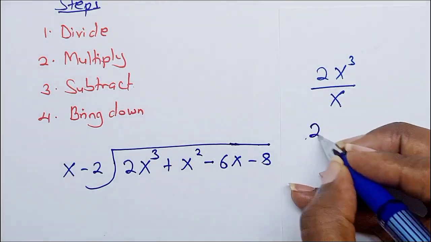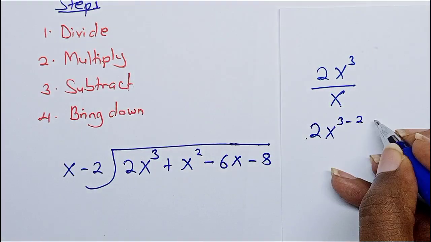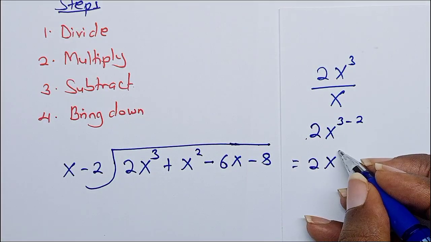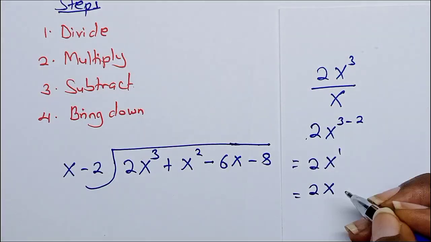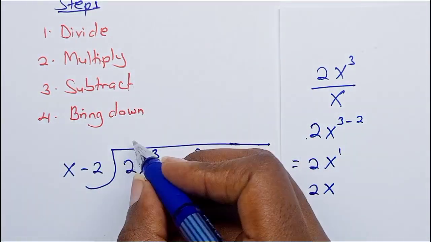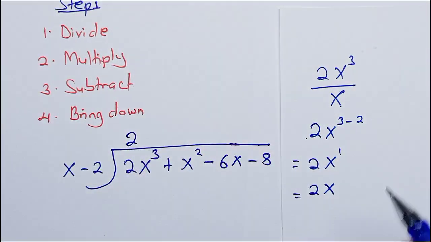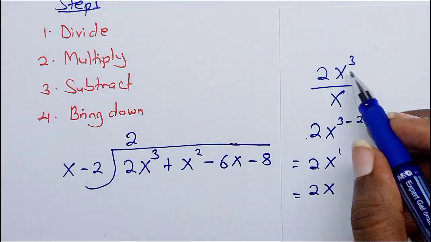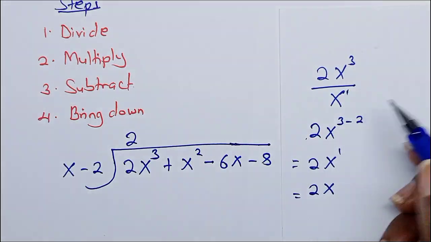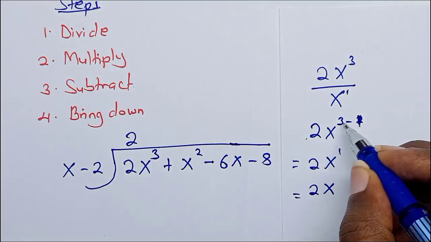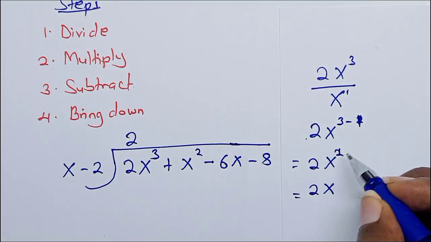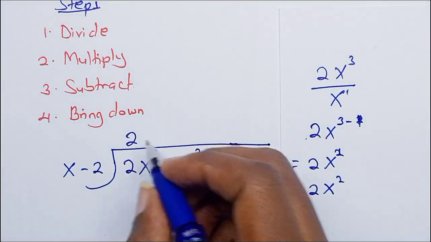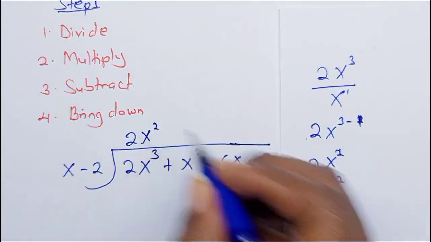This is the same as 2x to the power 3 minus 1, which is 2x to the power 2, 3 minus 1 is 2. So 2x squared. This is what we put here.